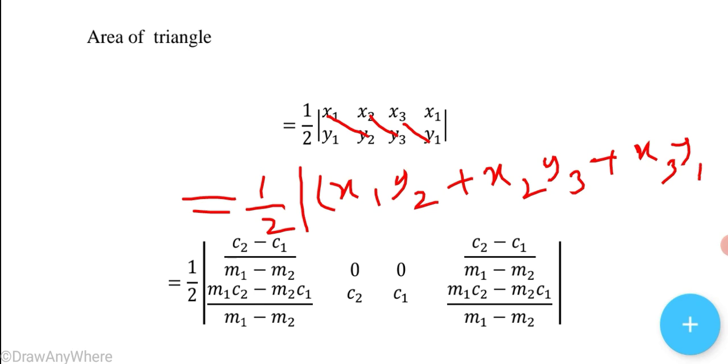After multiplying these terms, enclose them within a bracket, then put a minus and open a bracket, and multiply y1 into x2 plus y2 into x3 plus y3 into x1.